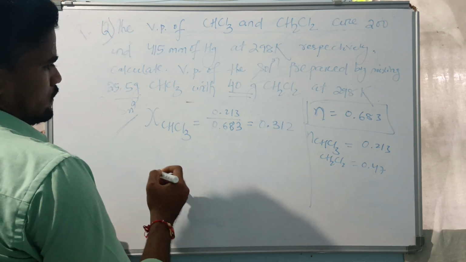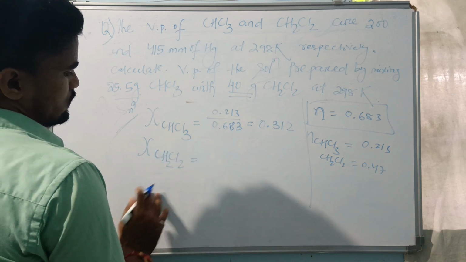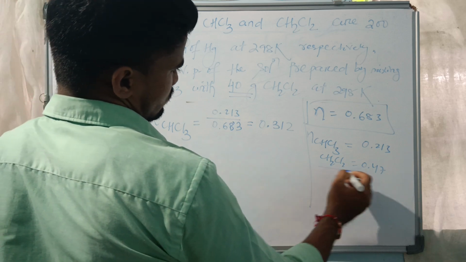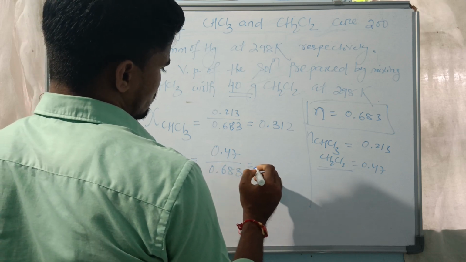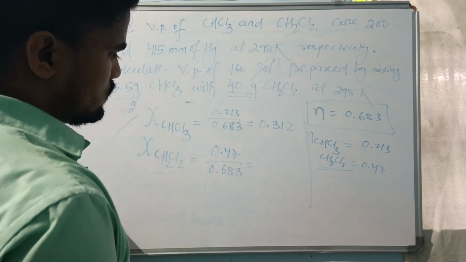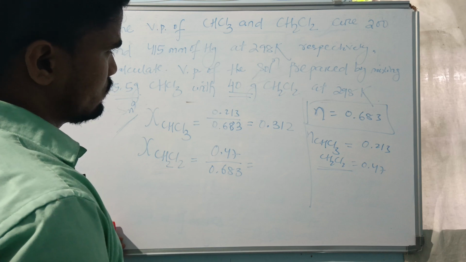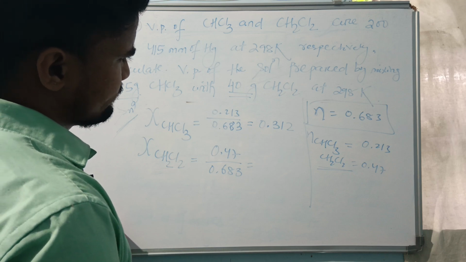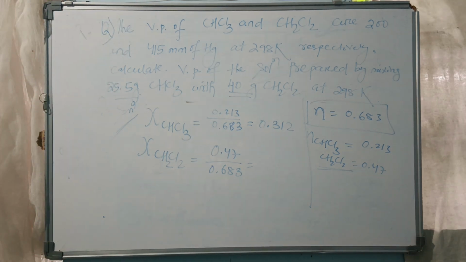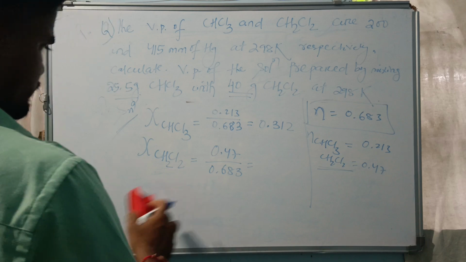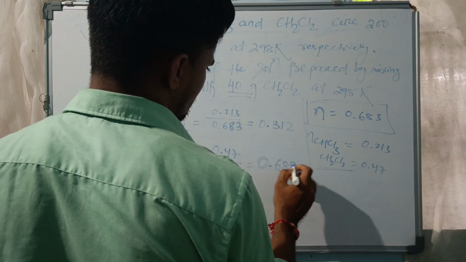0.312, right? And like that, mole fraction of dichloromethane: the number of moles of dichloromethane is 0.47 upon 0.683, so it is coming out 0.688.